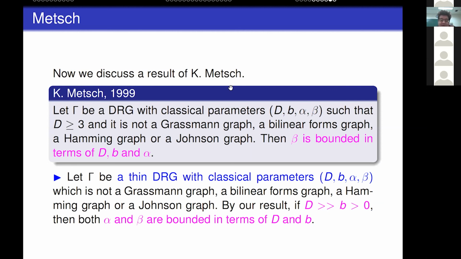So you can do the same thing for Q-polynomial distance regular graphs, but classical parameters make life slightly easier to discuss them. Okay, this is the end of my talk. Thank you for your attention.